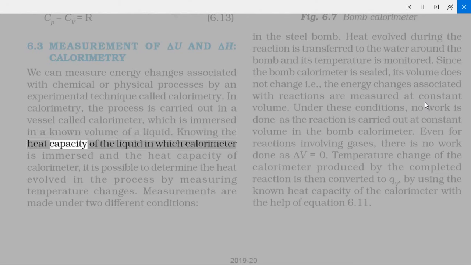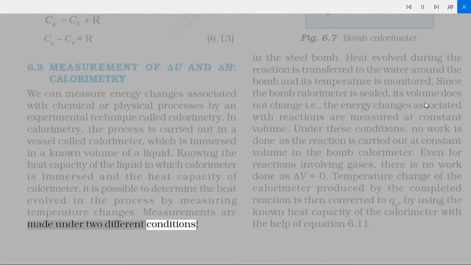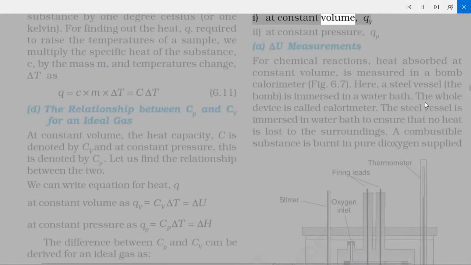Knowing the heat capacity of the liquid in which the calorimeter is immersed and the heat capacity of the calorimeter, it is possible to determine the heat evolved in the process by measuring temperature changes. Measurements are made under two different conditions: (i) at constant volume, qV, and (ii) at constant pressure, qp.